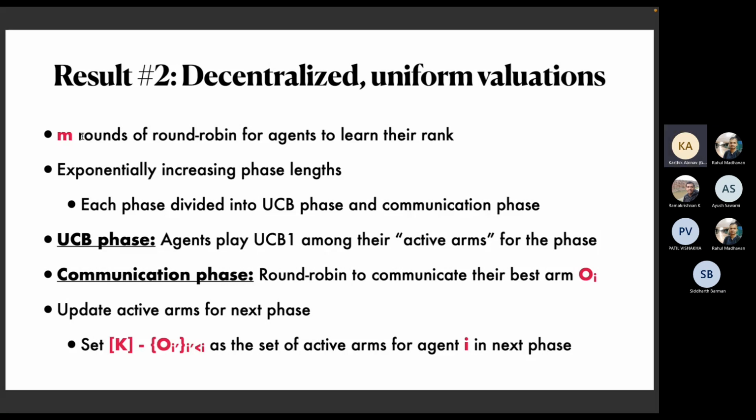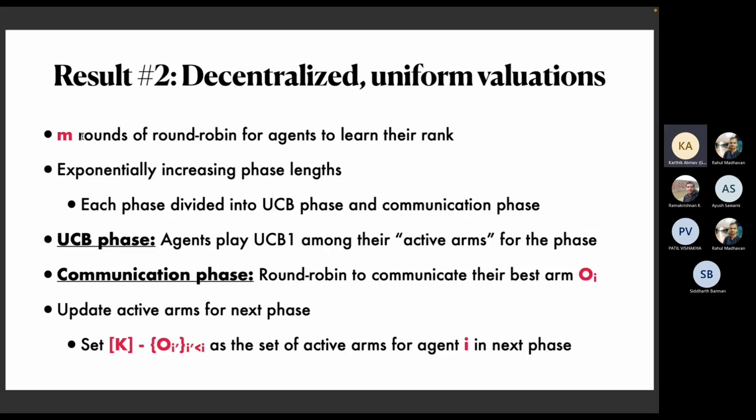But it could so happen that this agent one is getting more reward from some other arm, let's say arm K or arm 4, something like that. And then we'll never get to know that arm 4 has a very high reward for agent 1. Is that something that's possible?